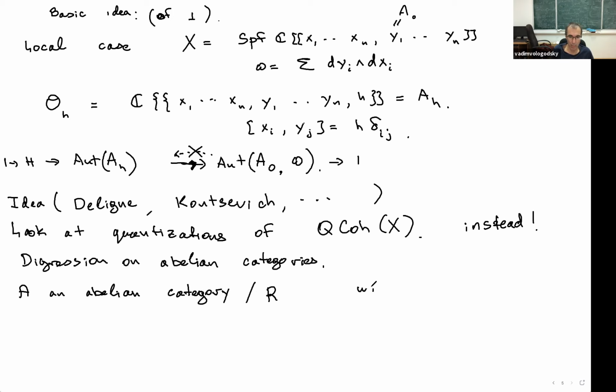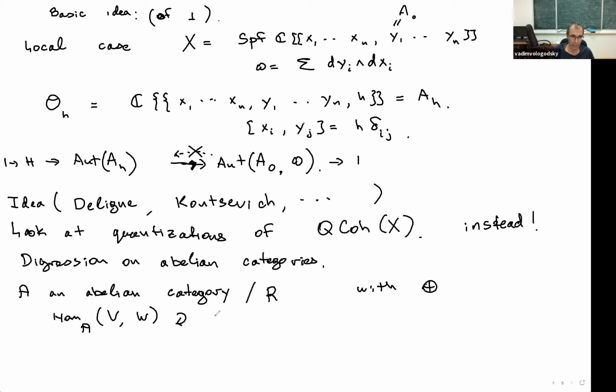I will assume that my category has all direct sums and some compact generators. What does it mean that it is an abelian category over R? It means that the Hom space between any two objects is an R-module.